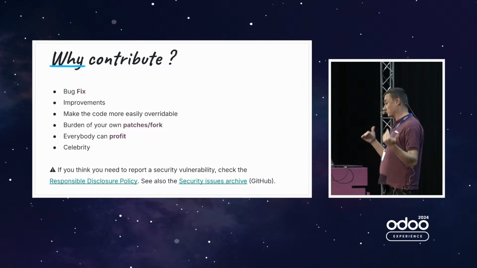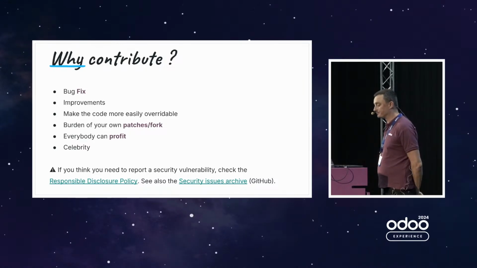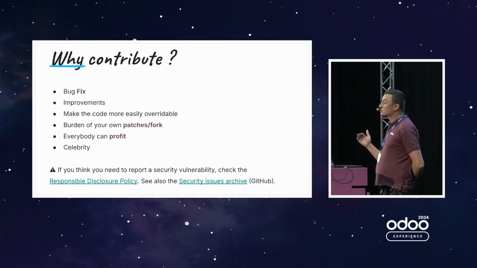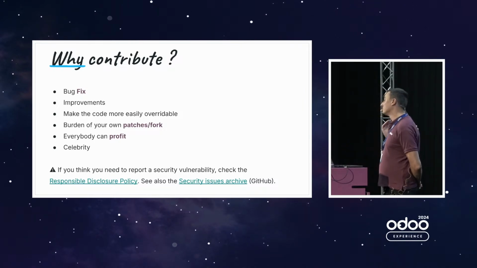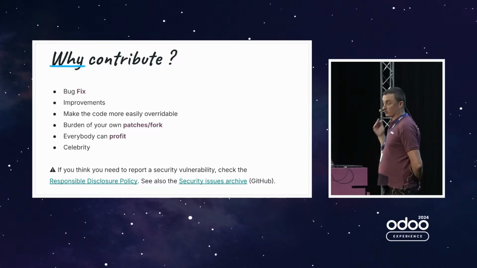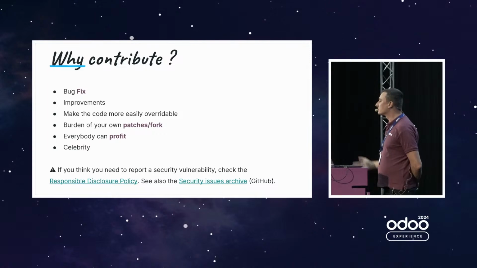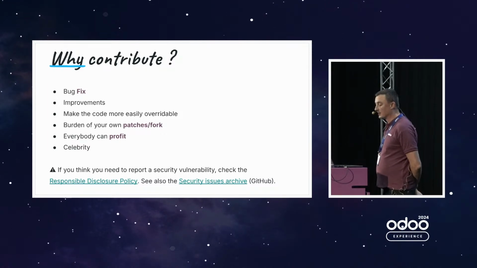So we sometimes have contributions to add really small methods. It's to reduce the burden of your patches and forks, because you need to focus on your own functionalities, on your own business code and not the standard one. That way everybody can profit.